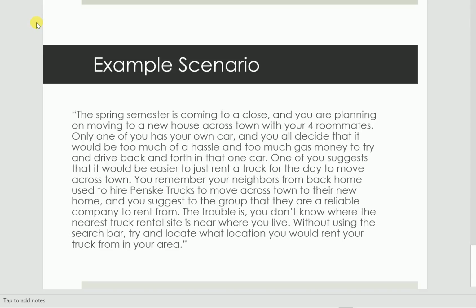So the spring semester is coming to a close, and you are planning on moving to a new house across town with your 4 roommates. Only one of you has your own car, and you all decide that it might be too much of a hassle and too much gas money to try to drive back and forth in that one car. One of you suggests that it would be easier to just rent a truck for the day to move across town.